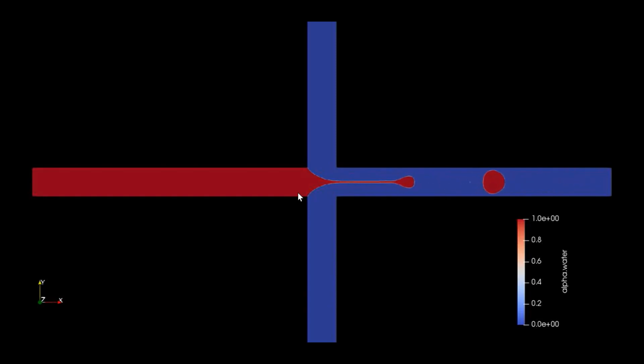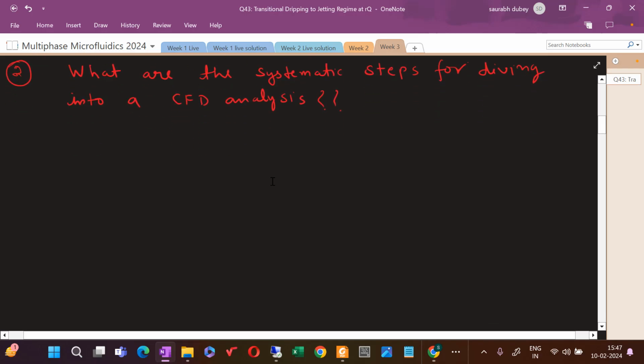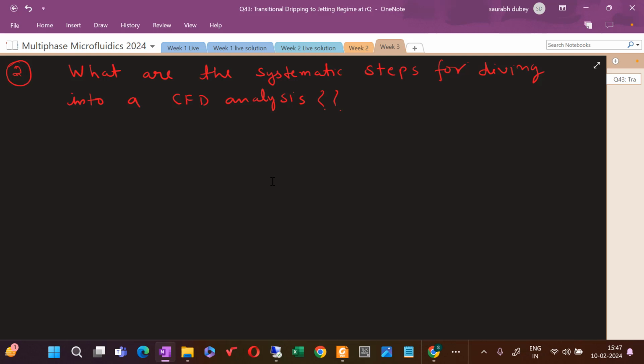So if you actually look at this, you will realize the physics that are at play in the experiments, and CFD will tell you a more detailed analysis of the same. For example, through the experiments, you will have a high-speed facility, then you will get the flow regimes, what size it got broken, when it got broken, and some analysis of the flow rates.